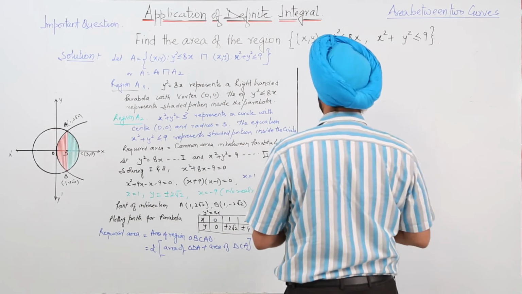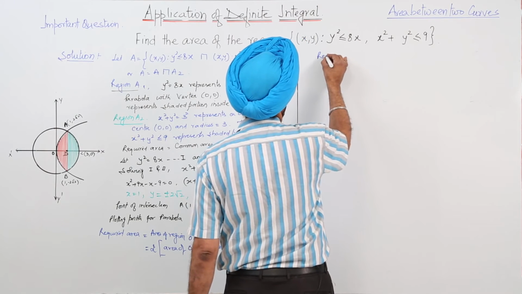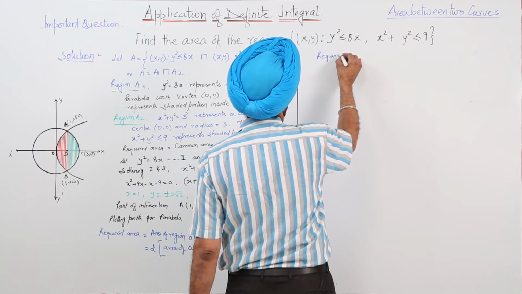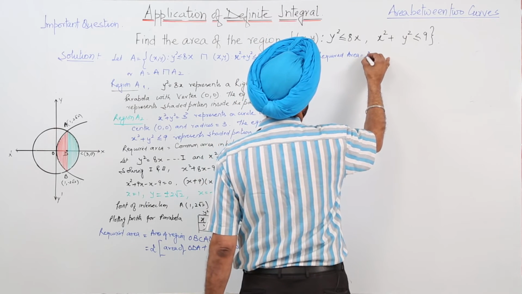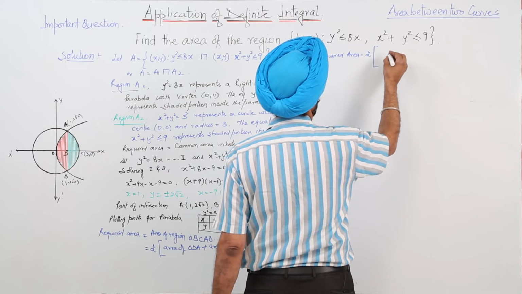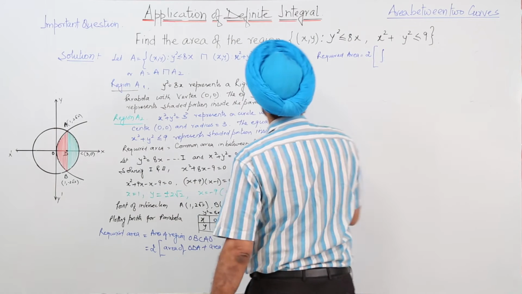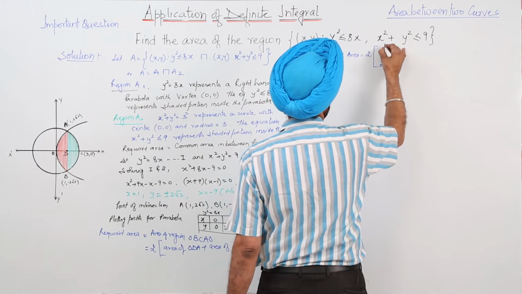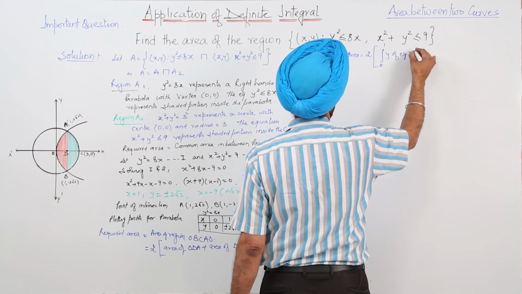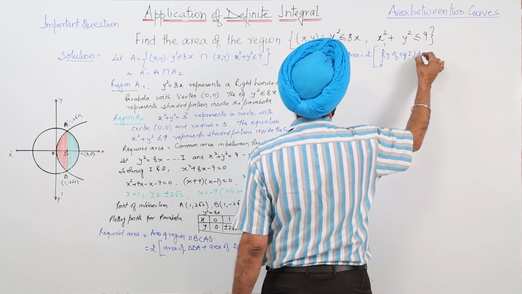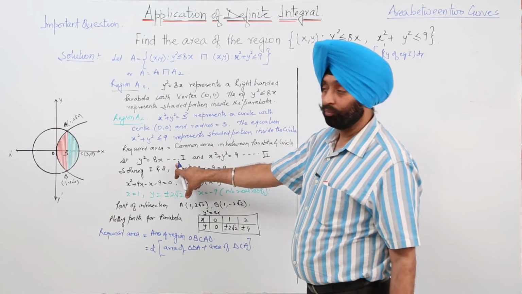Now the required area is equal to twice of the integration from 0 to 1 of y of equation 1 dx, and equation 1, which we have taken, was the equation of a parabola.